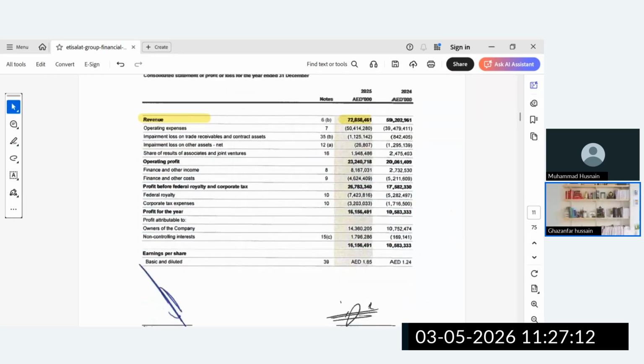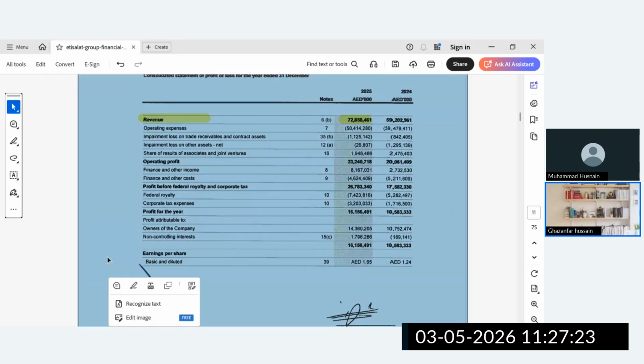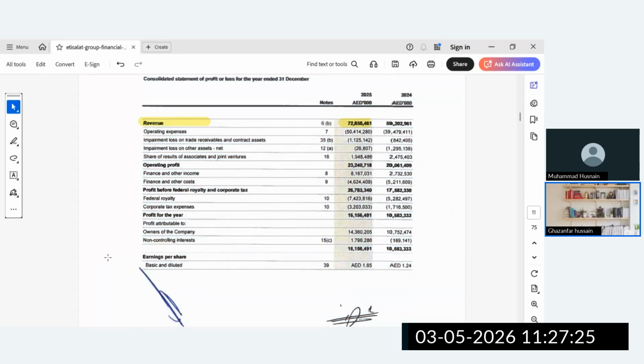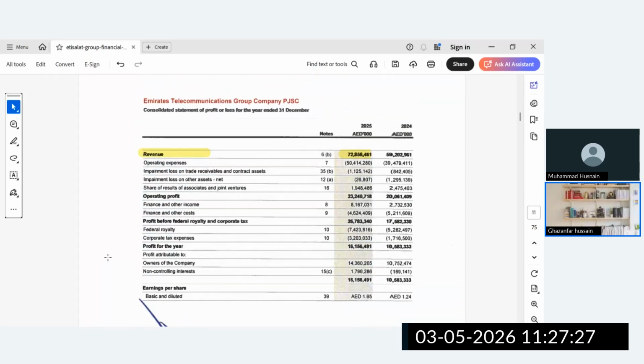Here it is saying profit for the year. This is another profit. We're not looking for the profit. On the other part, we are focusing here. What is this? This is also important for the statement of profit and loss.